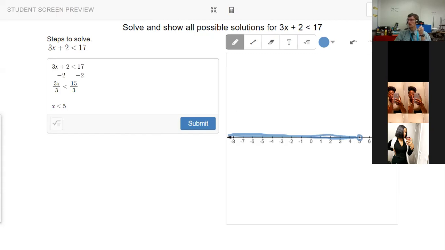So when you're done with that, slide 13 is just a reminder that you can have less than or equal to or greater than or equal to.